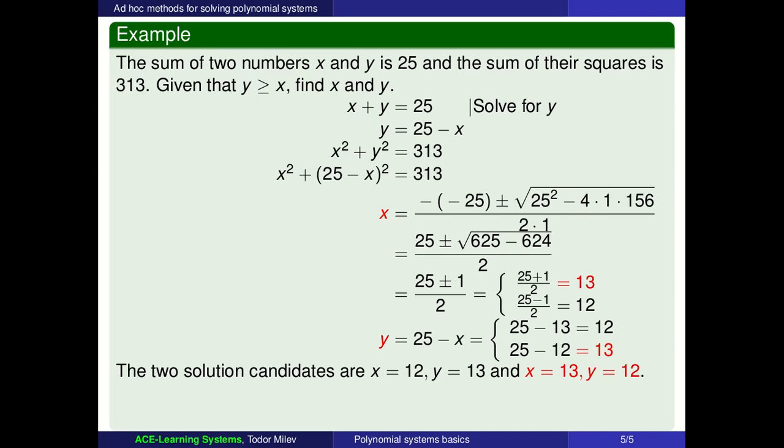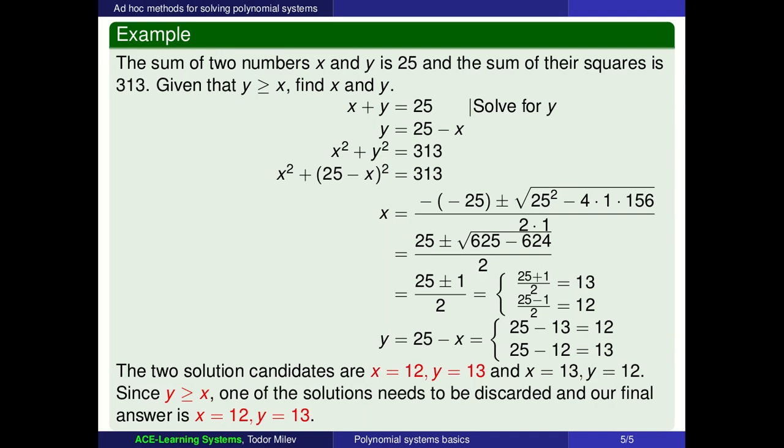Okay, so here are our two solution candidates, but are both of those solutions allowed? Have we used everything that was given in our problem? Well, not really. We were given some extra information. We were given that y must be greater than or equal to x.